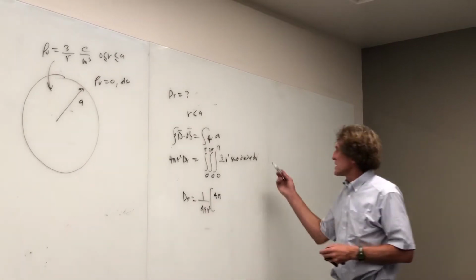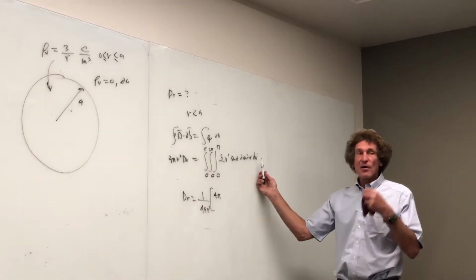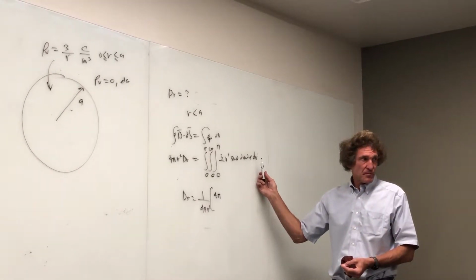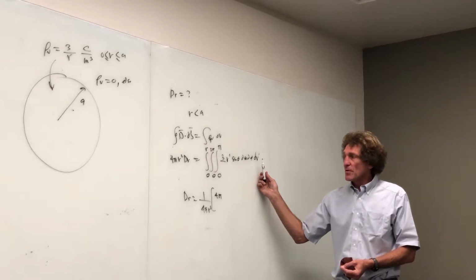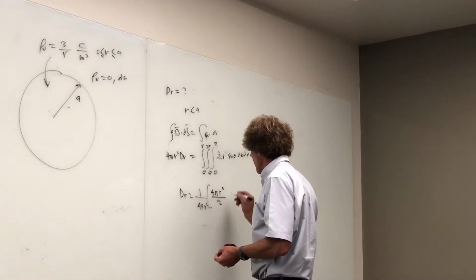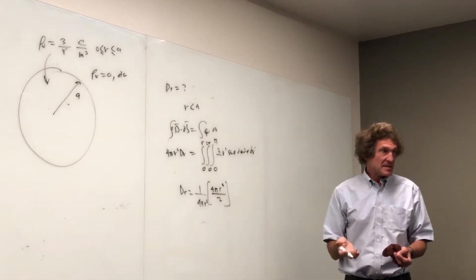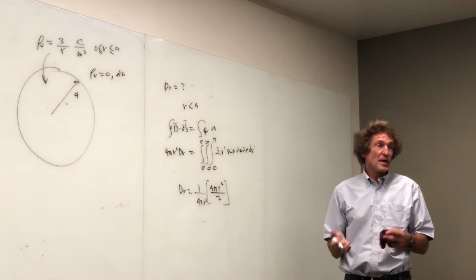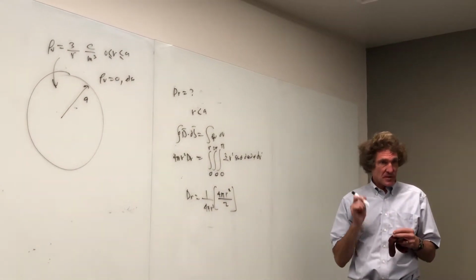Now, when I integrate r prime dr, I get r prime squared over 2, evaluated from 0 to R, which is just R squared over 2. Do you all agree with that? Because when it's 0, it doesn't matter, correct? We don't have a shell here. We have something that starts at 0.